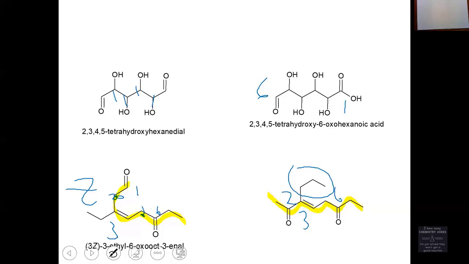And the final icing on the cake, is it E? Is it Z? This carbon and this carbon are my high priorities. They're on opposite sides, so it's E. You could name this thing E, 3-propyl, 3-octene, 2,6-dione. Ugh, wasn't that fun? I'm glad it's over.